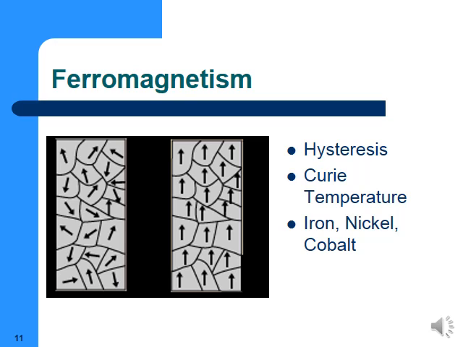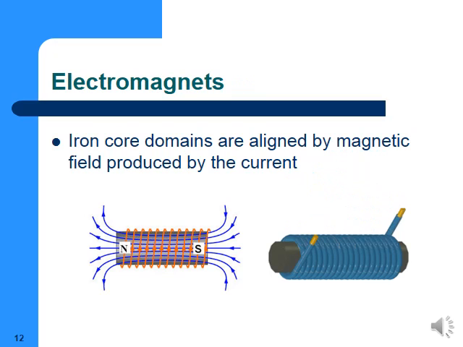One of the other things you could do to demagnetize materials is to drop it onto the floor or jolt a material, which can cause these domains to become misaligned and demagnetized. So we can create electromagnets now, which are, again, iron core surrounded by a coil of wire. And because iron is one of these substances that has a strong magnetization, a ferromagnetic substance, it greatly adds to the magnetic field strength.